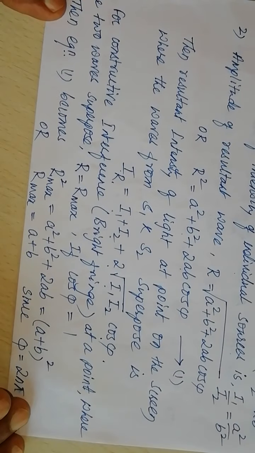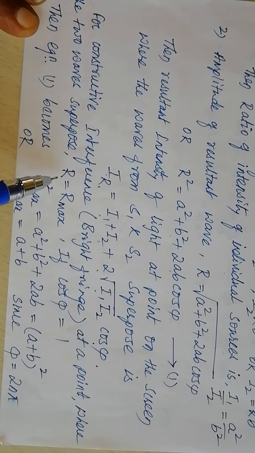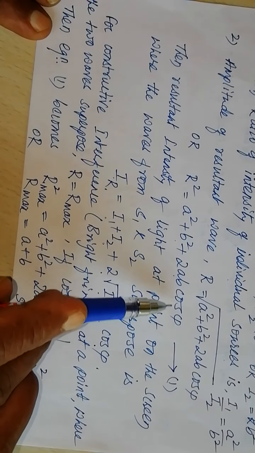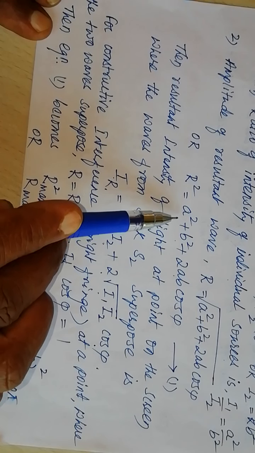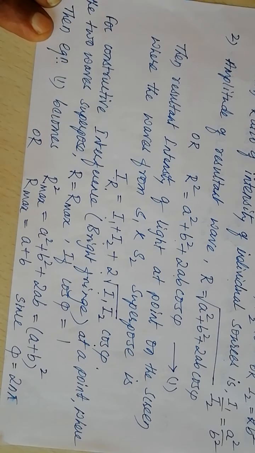For a constructive interference, bright fringe to be formed at that point where the two waves superpose, the resultant amplitude R must take maximum value, R equals R maximum. This is possible if cos phi is 1. Then equation 1 becomes A square plus B square plus 2AB, which is nothing but A plus B whole square.